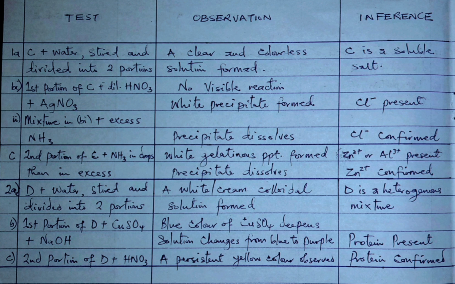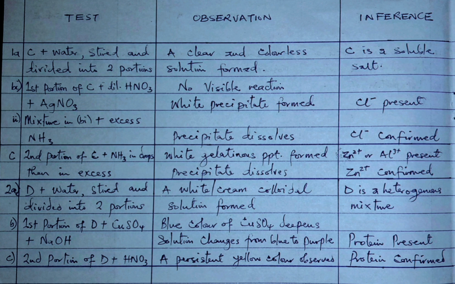So to the second portion of C, we add ammonia, NH3, in drops. If we add ammonia in drops, we'll discover that a white gelatinous precipitate is formed, a jelly-like, sticky white precipitate.